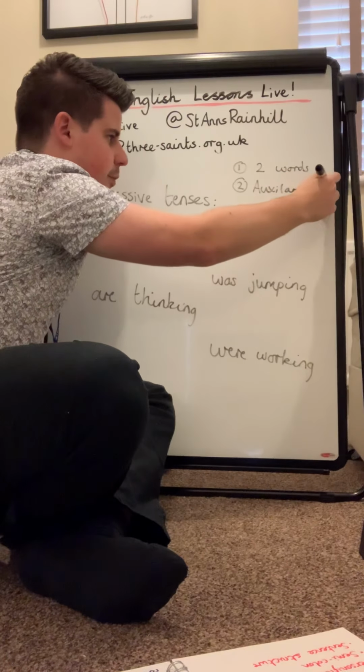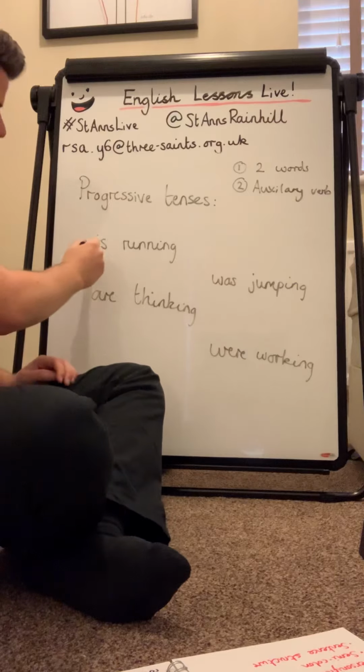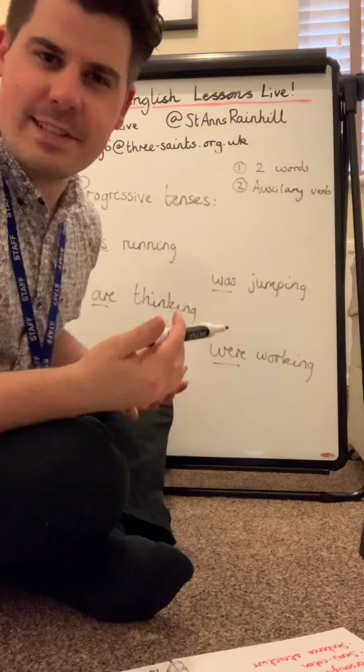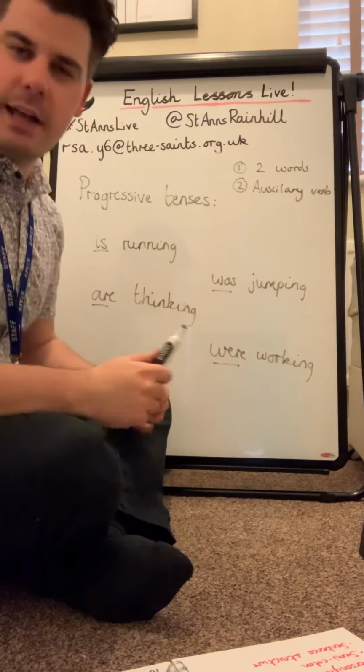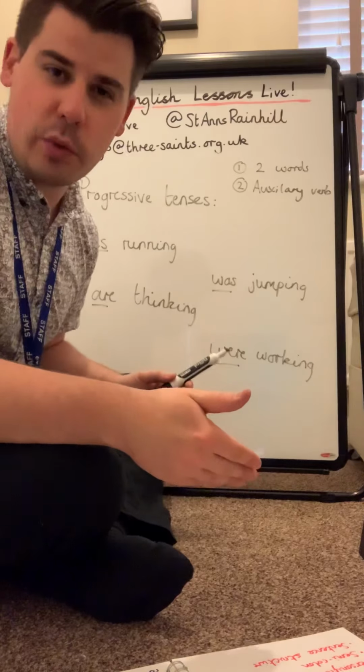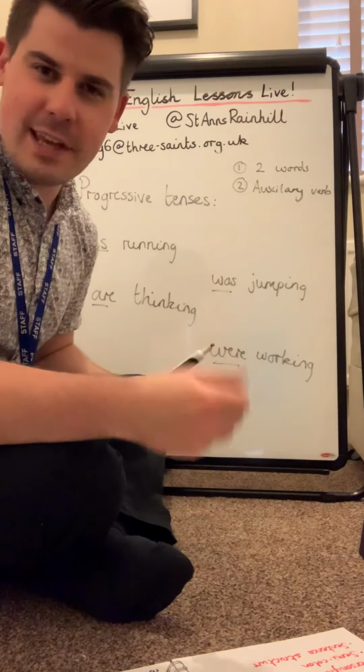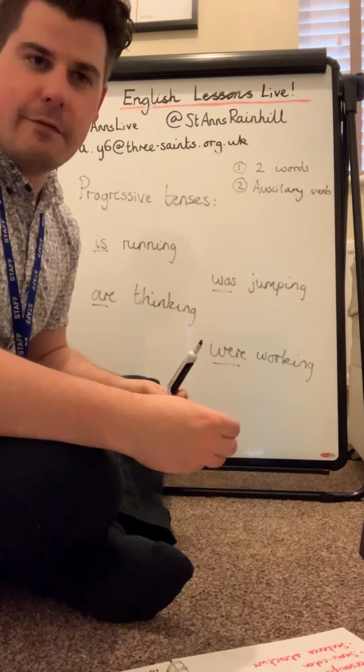An auxiliary verb, which sounds very complicated, but it's not. It's these ones: is, are, was, were, things like that. These are your verbs that help you define the tense, and you'll know these words: is, was, were, but we don't necessarily always see them as verbs. You know, they're verbs to be.